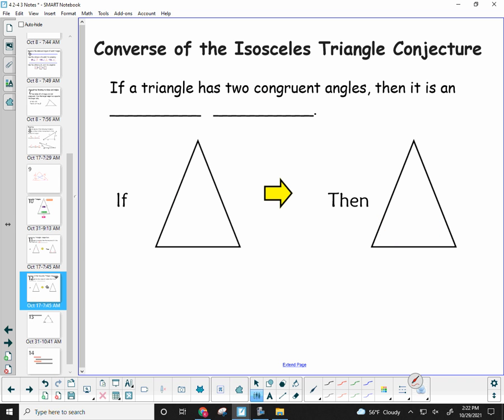We can also reverse that. Okay, and we call it the converse. We don't call it the reverse. We call it the converse. So the converse says, if we have a triangle with two congruent angles, then we're going to have two congruent sides, which means that it has to be an isosceles triangle.